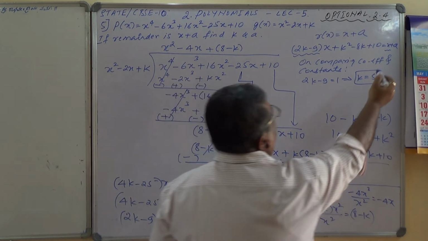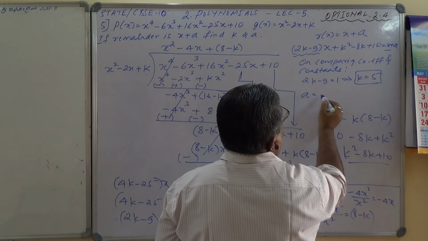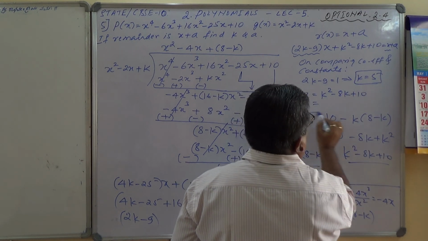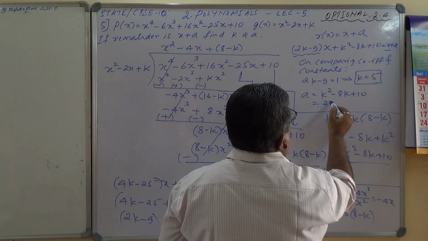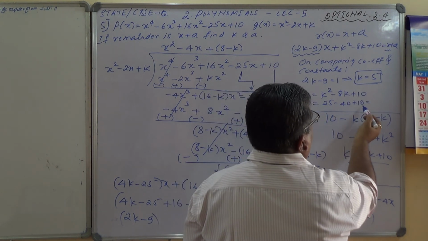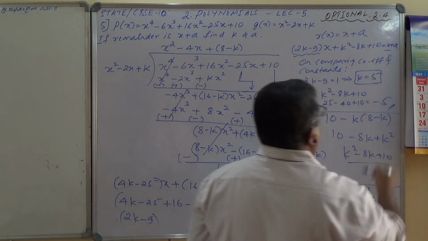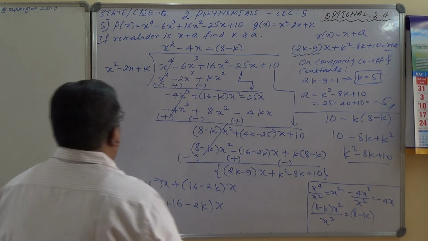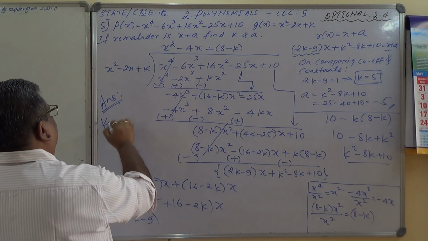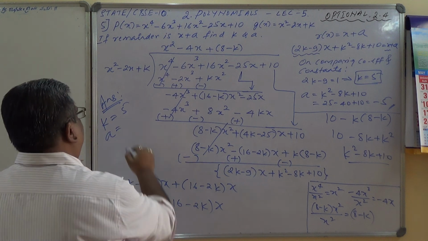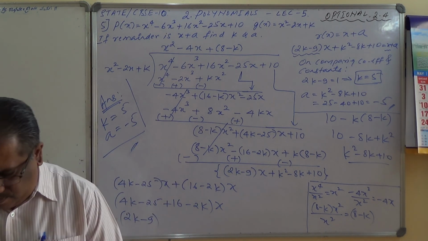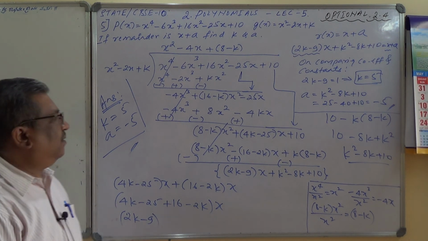Okay, and what is a here? a equals k square minus 8k plus 10, which equals, filling in the value of 5, 25 minus 40 plus 10, which equals 35 minus 40, that is minus 5. So we are finally getting the answer for this question: k equals 5, a equals minus 5. Let me check the answer here. Yes, k equals 5, a equals minus 5.